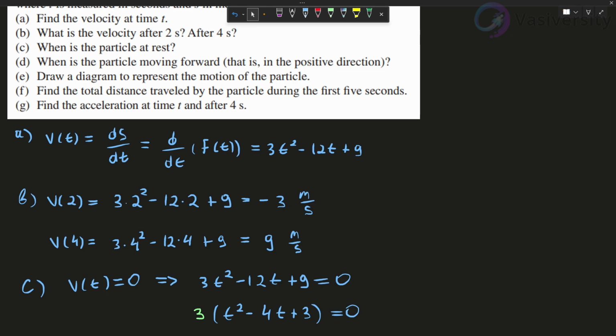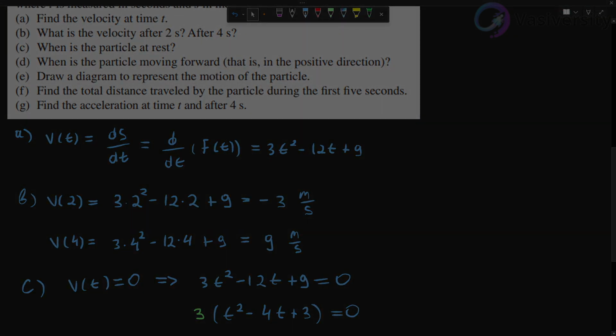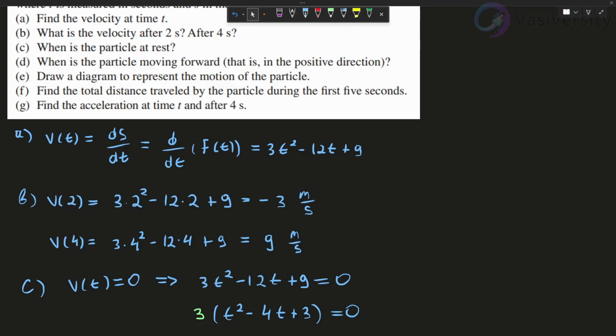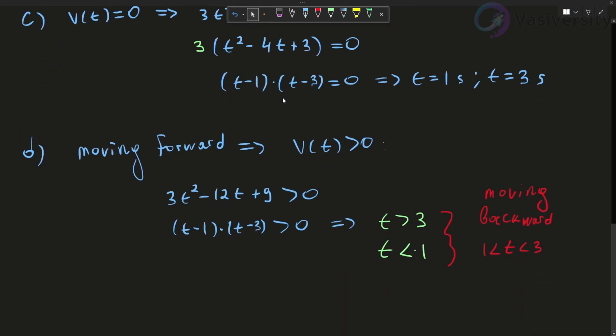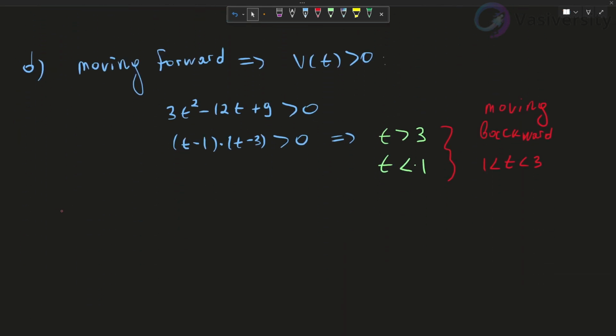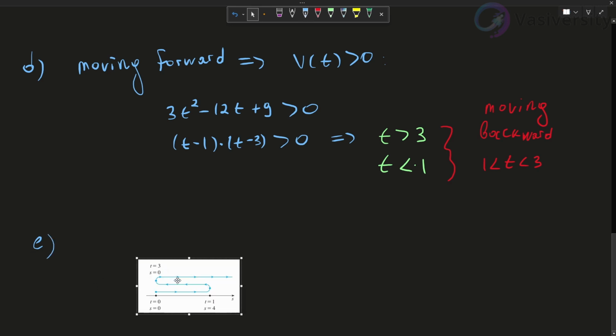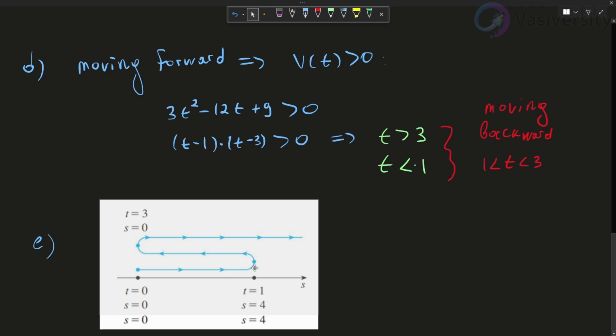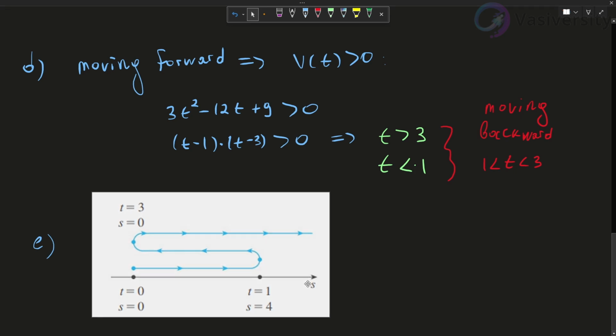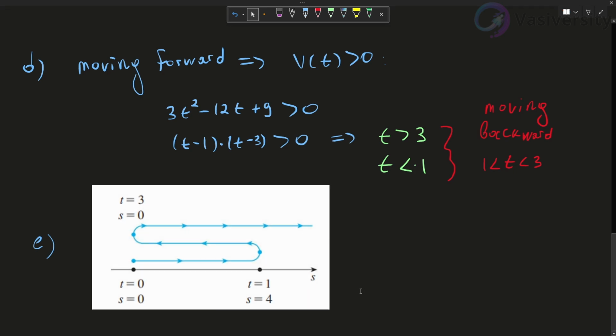We want to draw a diagram representing the motion of the particle. So we can use the information from the previous parts. For part E, we would get a graph like this.